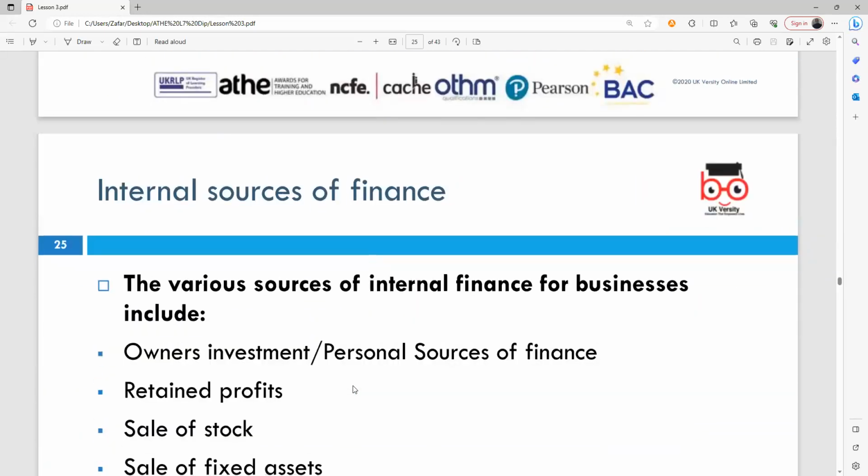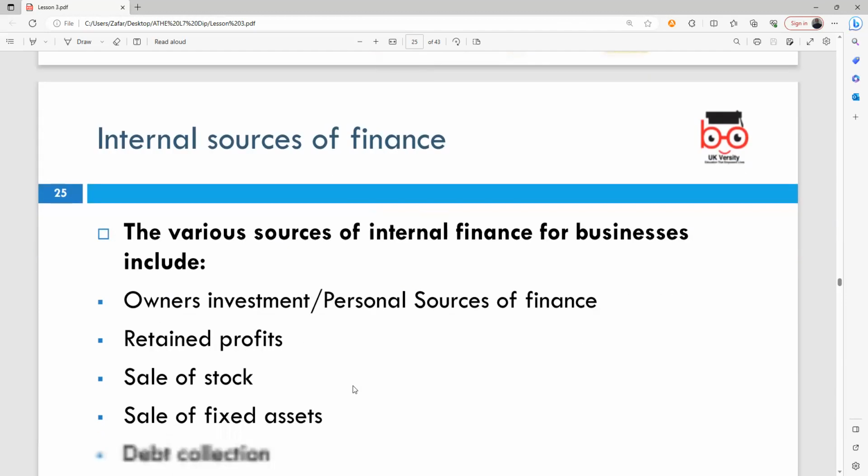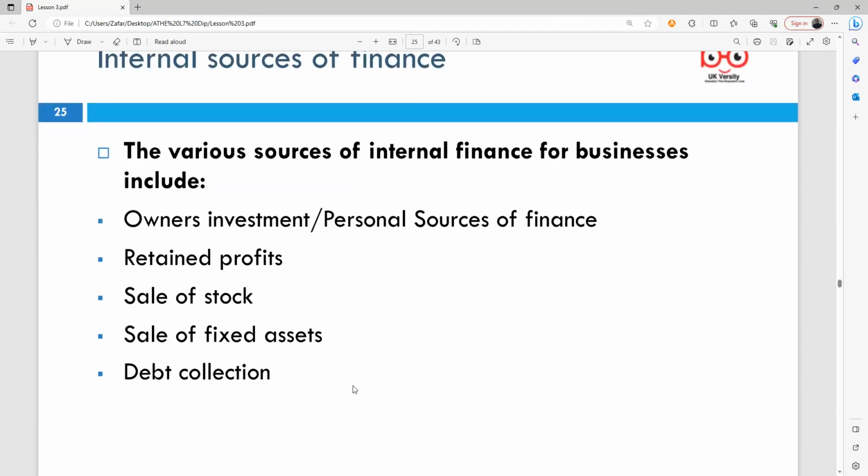Now, for the different sources of finance, this minus figure can be recovered from your own sources of finance, or you can get money from outside. The ones that you can recover from your own pocket, from your own internal sources, are known as internal sources of finance.